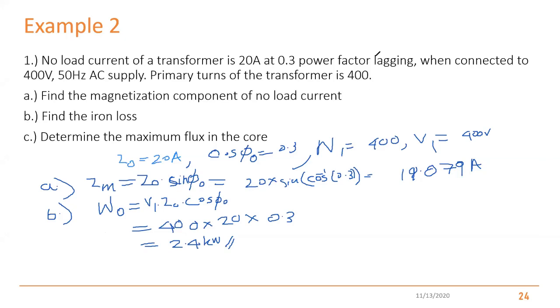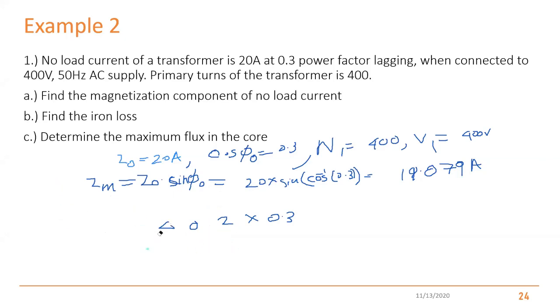Let's do the next part. In the last part you are asked to calculate the maximum flux in the core. If you recall this equation, the induced EMF can be written as 4.44 times F into N1 into maximum flux.